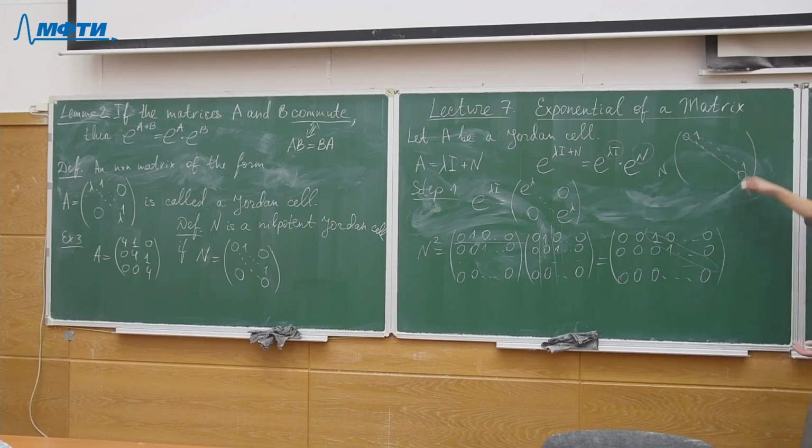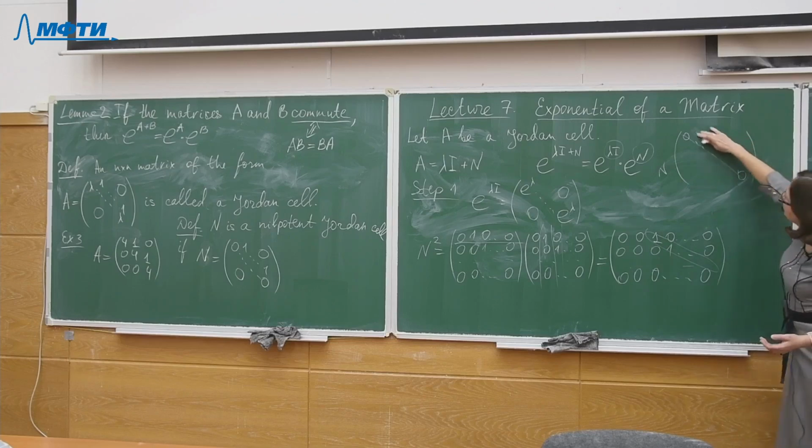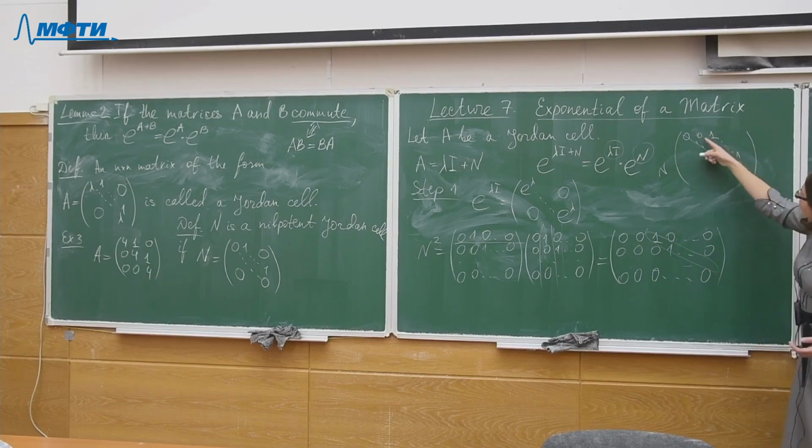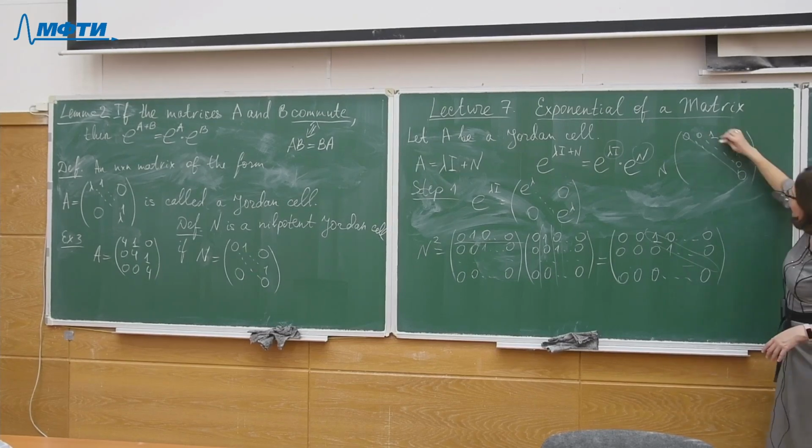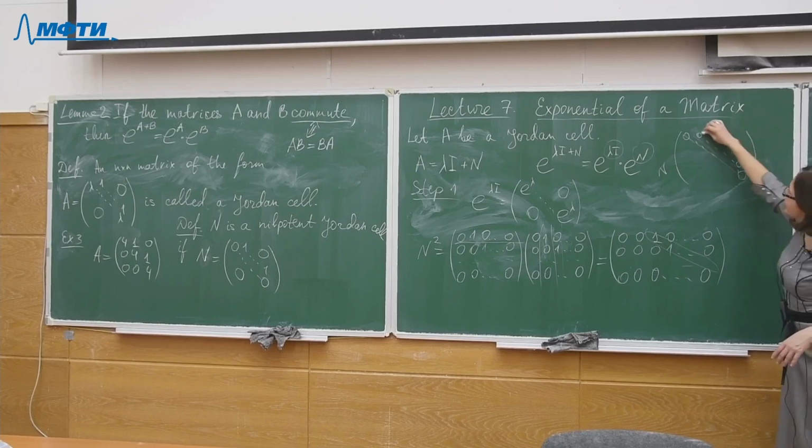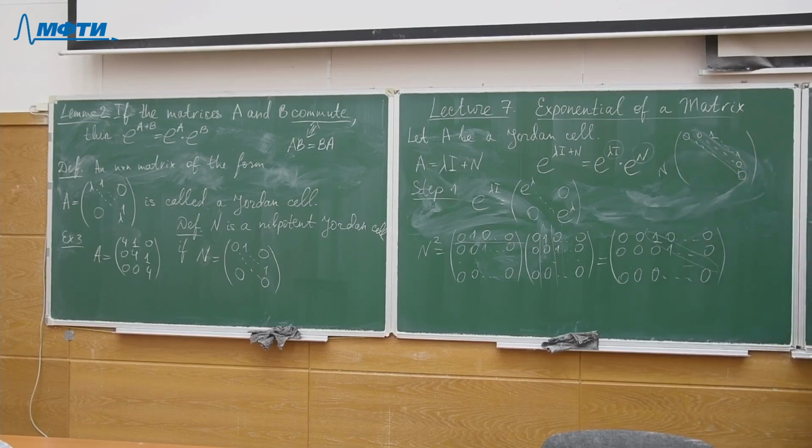N squared will have zeros just above the main diagonal and ones above the second diagonal of zeros, right? So it is shifted 2 units upward from the main diagonal. Well, so this will be the answer.